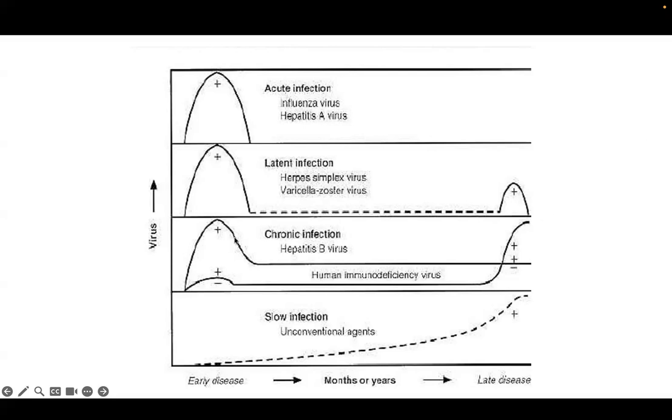Chronic: you have it, and viruses are still being produced, and it can go up or down. Slow infection: the virus keeps producing undetectably until it reaches the point that the first symptom pops up, because now our immune system is detecting it. This is how you put them all together.